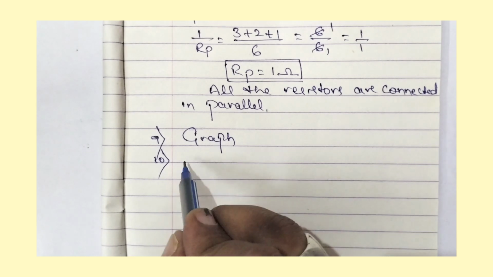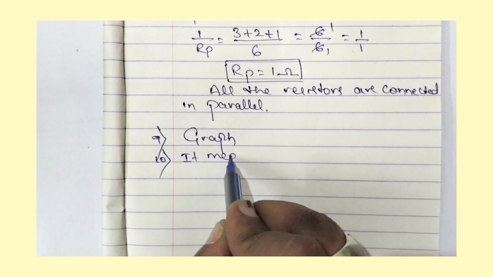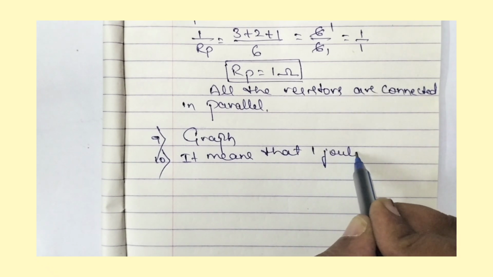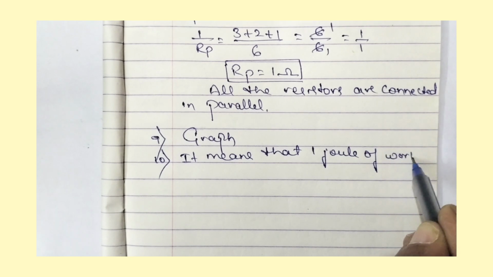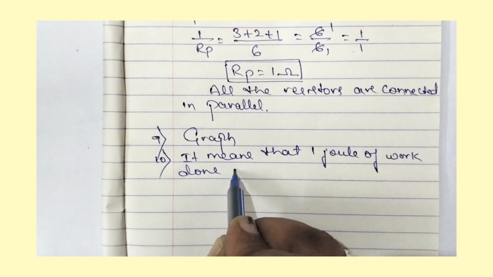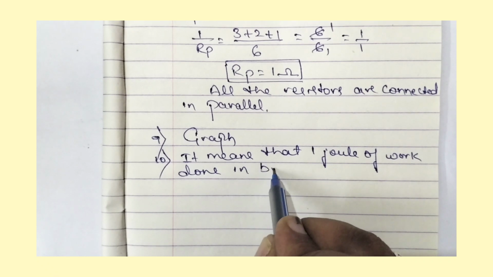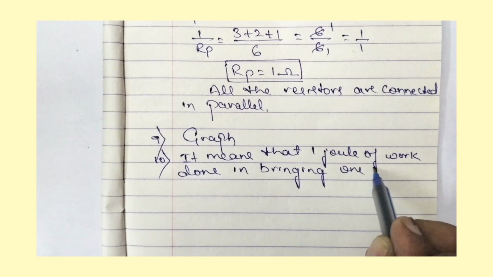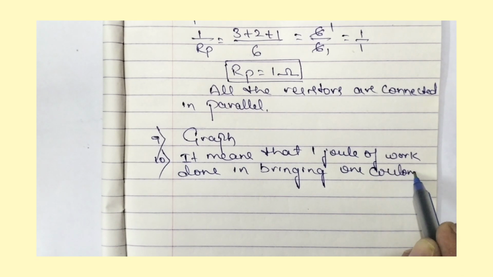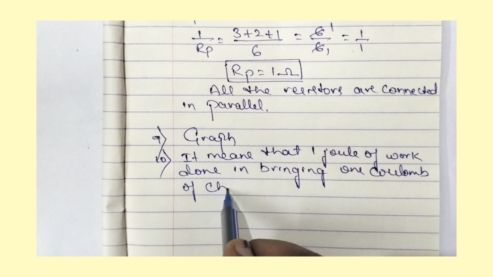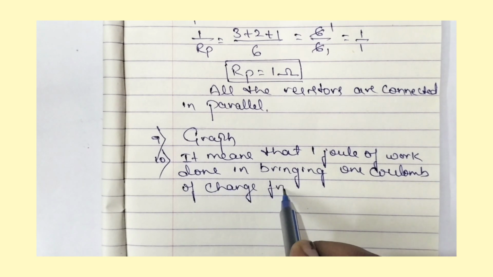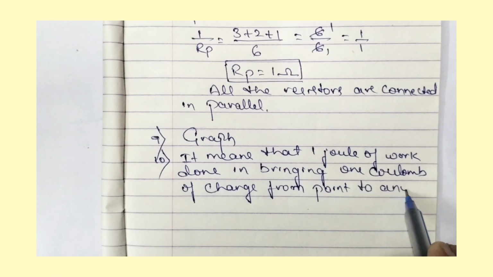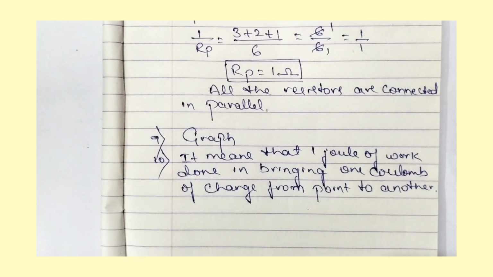So it means that 1 joule of work is done in moving, or in bringing, 1 coulomb of charge from one point to another. So first question finished.